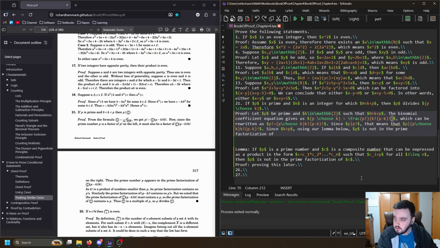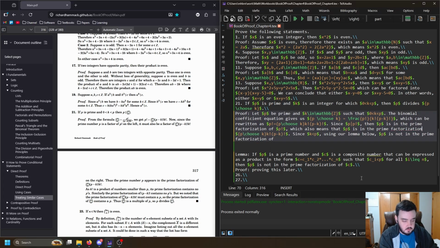Actually hold on. Let's just say then p is in the prime factorization of p factorial, which also means that p is in the prime factorization of that.